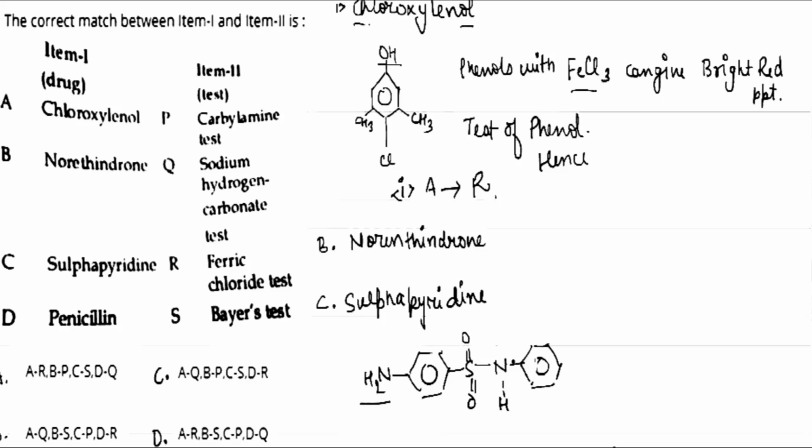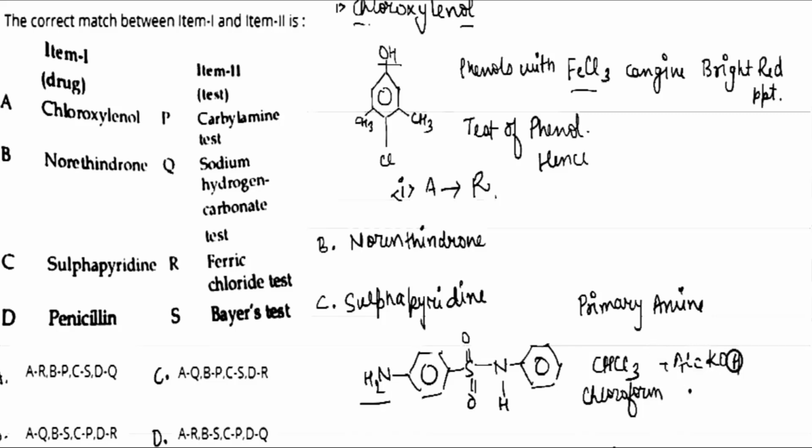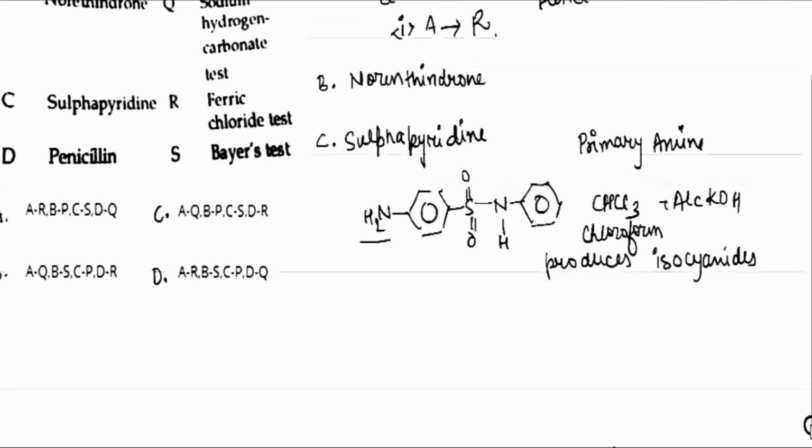This has a primary amine, and primary amines on reaction with CHCl3, or chloroform, and alcoholic KOH produce isocyanates, and these are foul smelling substances.